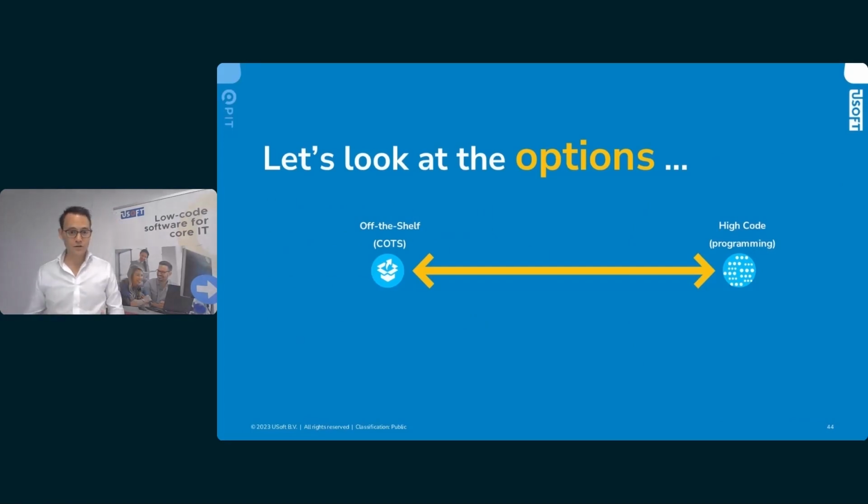First off, it's interesting to start with how many organizations still view the area of technology selection. In many cases, they look at either commercial off the shelf, so standard solutions that you can buy, configure and use, or custom or high code programming, so basically building an application or another piece of software from scratch.